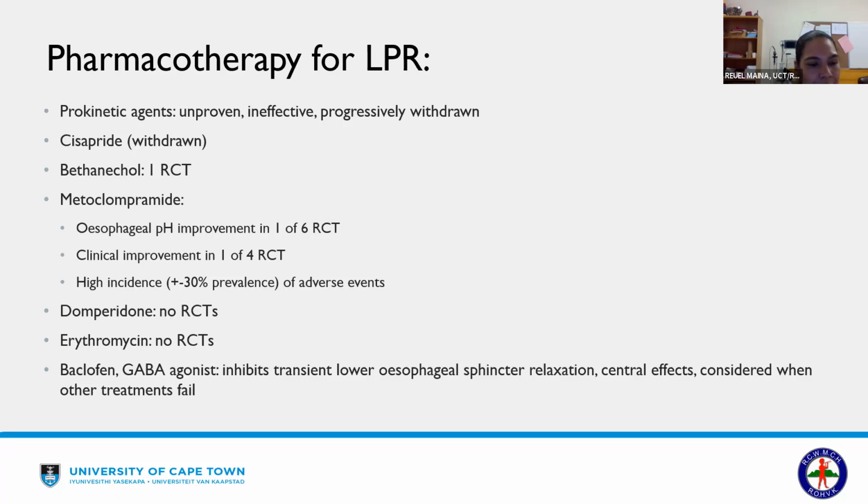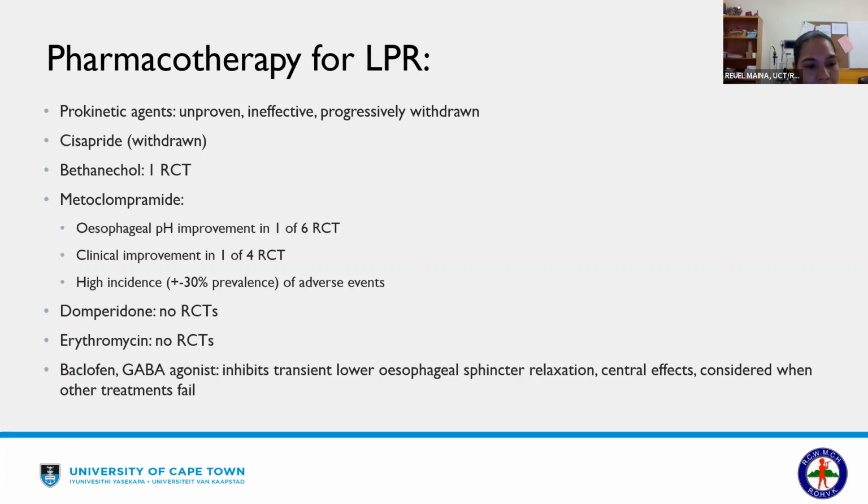As I said, the main medication that has been studied is metoclopramide, or Maxolon, as it's commonly known, and in 1 out of 6 randomized controlled trials, there was a correlation between the use of a prokinetic like metoclopramide and improvement in esophageal pH in the proximal and in the distal esophagus, with clinical improvement found in 1 in 4 randomized controlled trials.